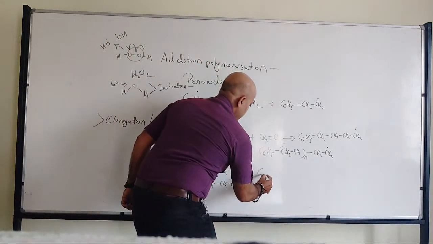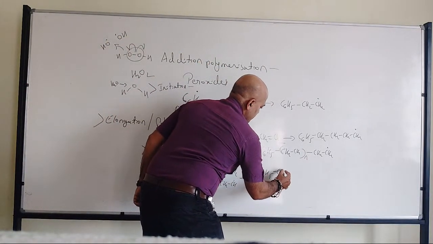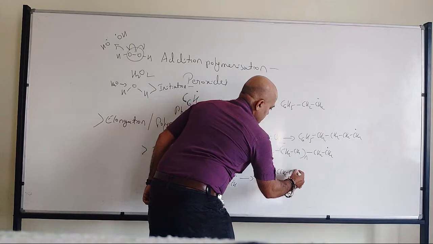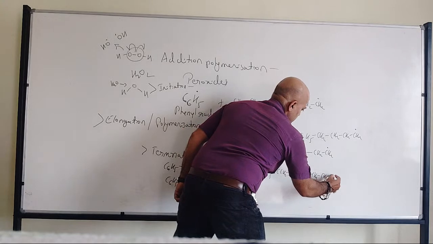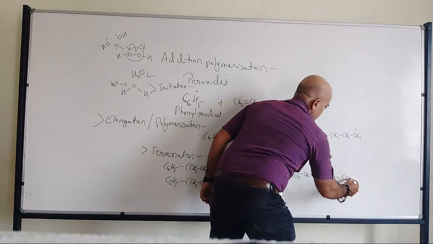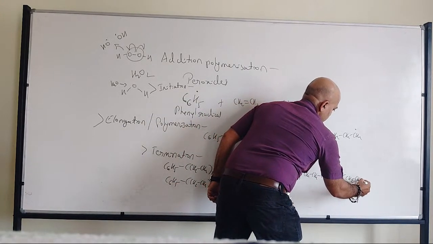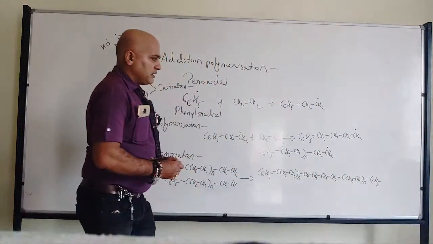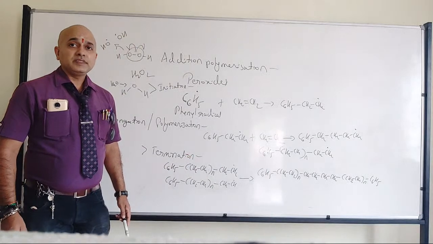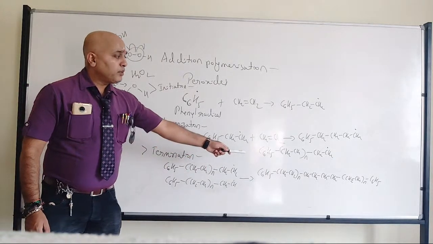So that's where we get C6H5, CH2, CH2, CH2, CH2, CH2, CH2 n and C6H5. That's where we have the polythene.